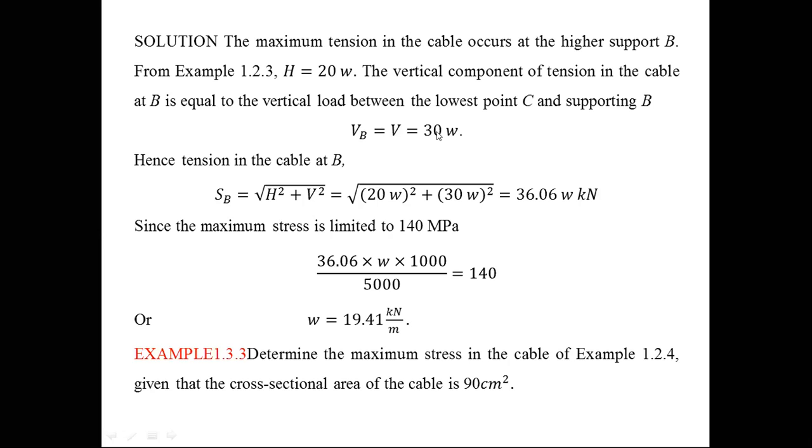So VB is equal to W L2, that means 30 into W. Substitute it, you get SB is equal to 36.0 kN.